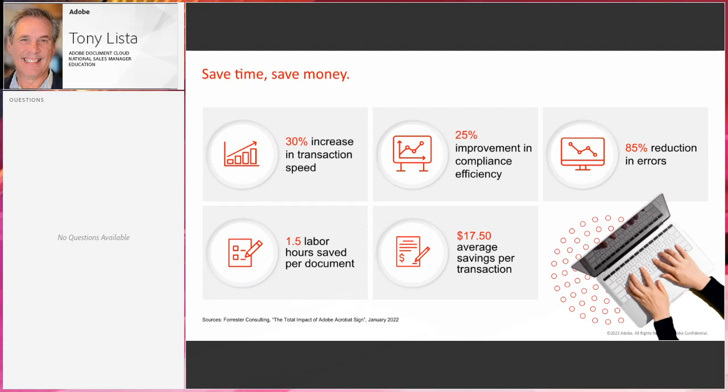You can have a 30% increase in transaction speed, over an hour and a half of labor saved on average, $17 of savings per document that's being pushed in a non-automated process, and a big one in terms of compliance and reduction in errors, significant improvements in those areas.